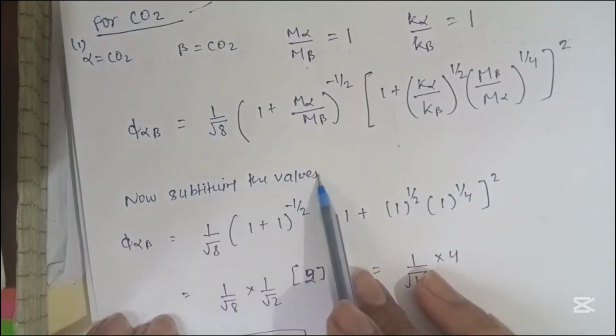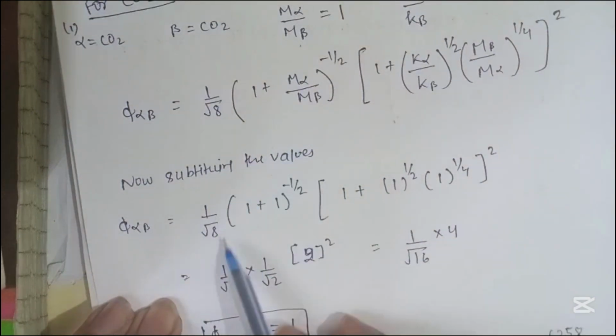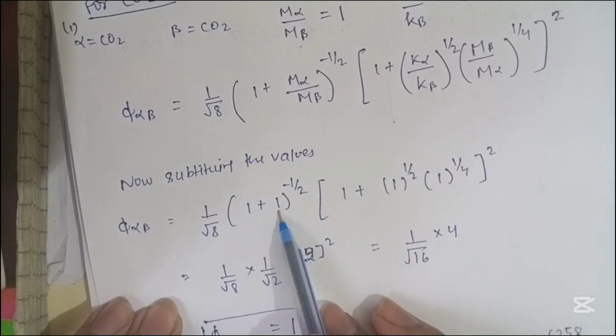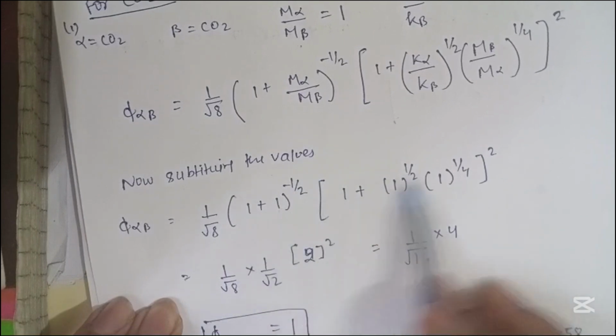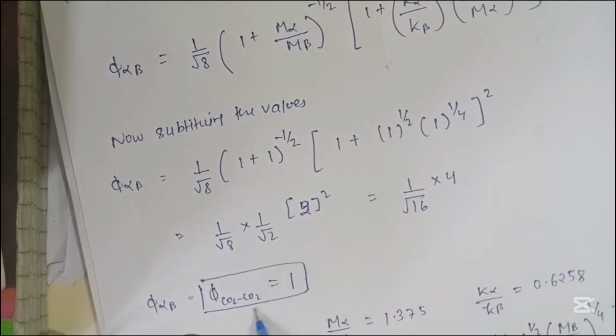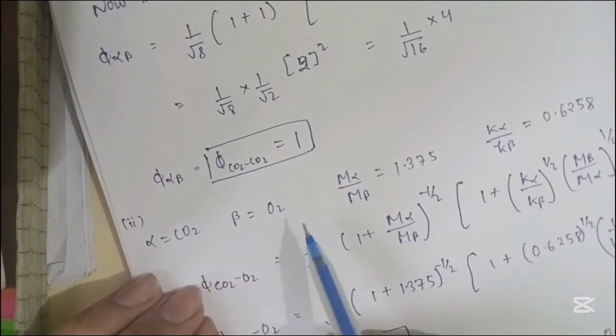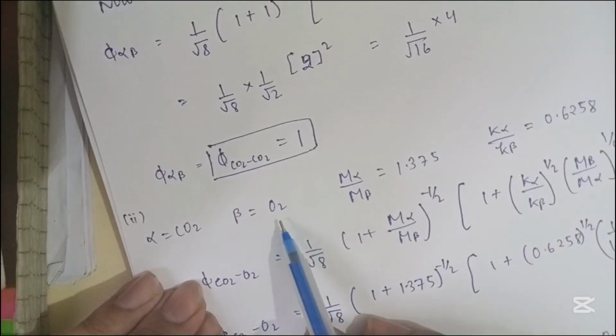And now we will put all the details into this formula. And now we are substituting the values, because 1 plus all values are 1. Then substituting into the formula, we will get phi alpha for CO2 is 1. Similarly, now we will take beta equal to O2.